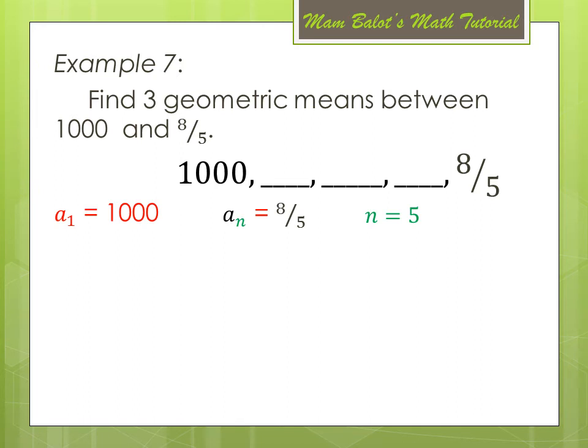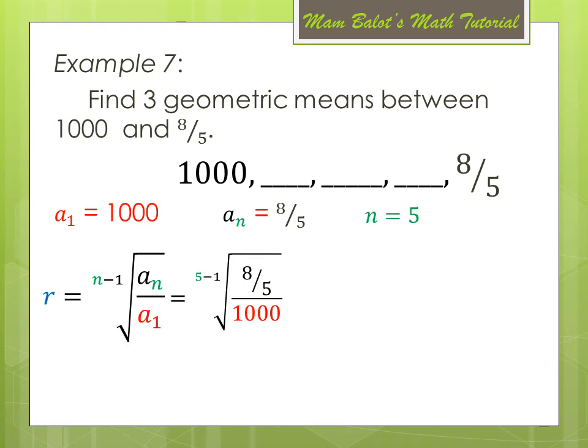So using now the formula of r, we substitute the different values given, so we get the 5 minus 1 root of 8 over 5 over 1,000. So evaluating, 5 minus 1 is equal to 4, and inside the radical expression, since we have a fraction, we multiply by the reciprocal of the divisor, so that becomes 8 over 5 times 1 over 1,000.